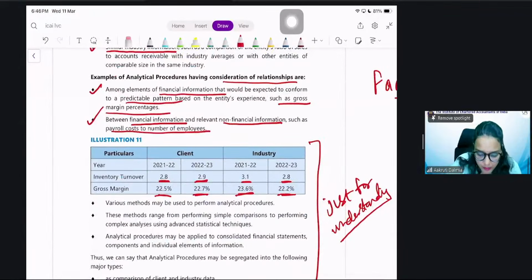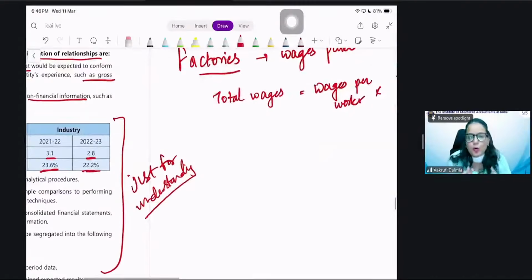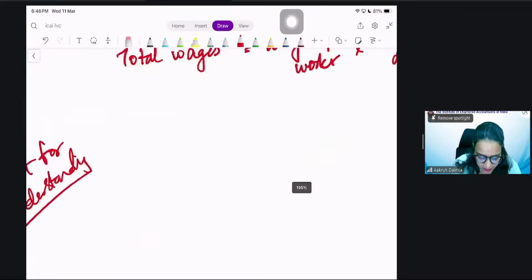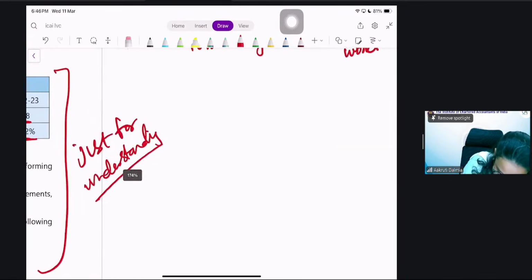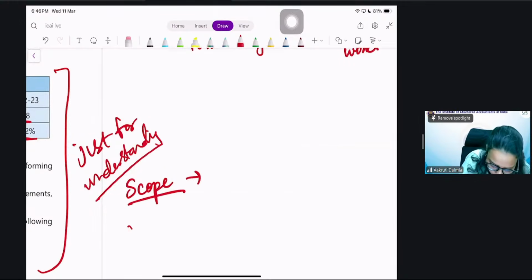Now let's come to the little theoretical part, scope and objective, because no SA can be without a scope and objective point. Every SA will have a scope and objective. So SA 520, what is the scope and objective?